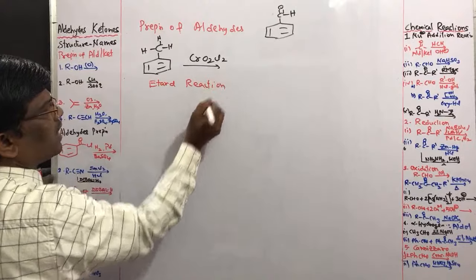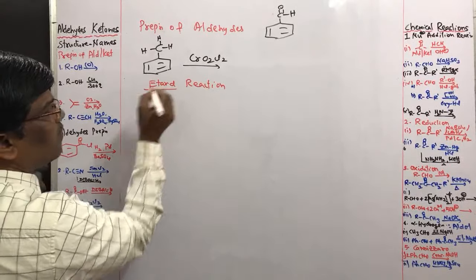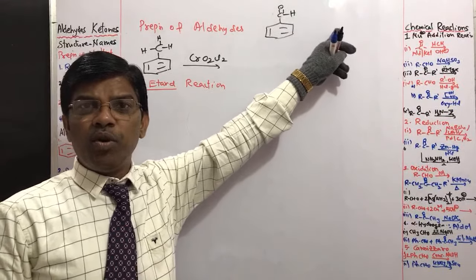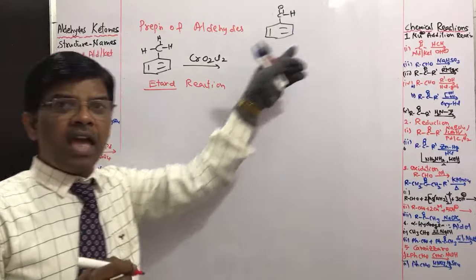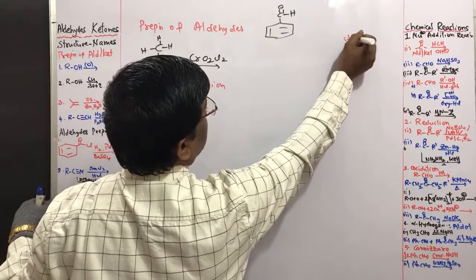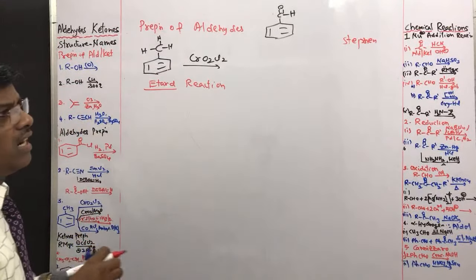Most of the times you will get questions based on name reaction. So Etard is the name of a scientist. Just now what I said, Rosenmund is a scientist name, and the stannous chloride reaction is the Stephen reaction, students. Just now I forgot to mention Stephen reduction or reaction, right?